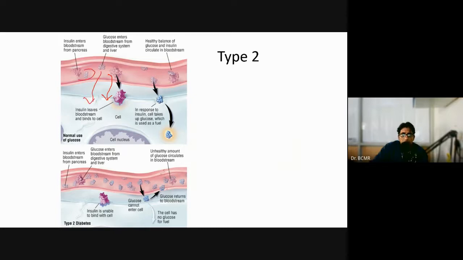Every time there is high glucose in the blood, insulin is secreted by the pancreas, and insulin stimulates the target cells like this one to take up glucose, and then blood glucose goes down, right? Whereas in type 2 diabetes, although there is insulin, and although the insulin may bind or not, the point is that the cell is no longer responsive, and therefore glucose is not taken up by it, and as a result the blood glucose increases. That is hyperglycemia or diabetes mellitus.